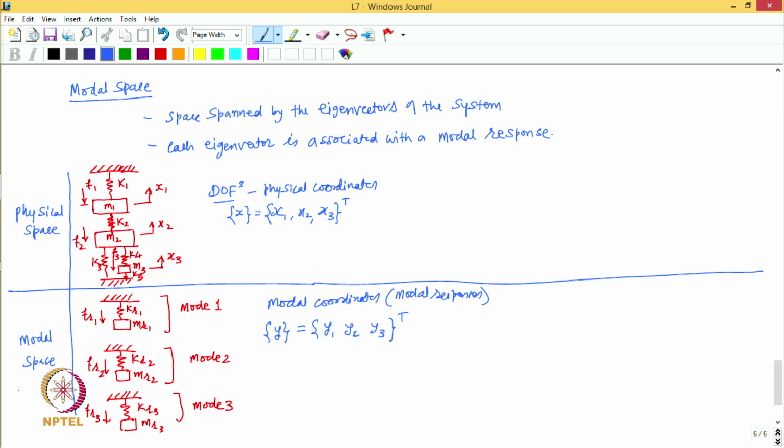And therefore, modal space is also referred to as modal domain. So, that is one difference. Then the other thing is that the differential equations in the physical space are coupled, right, while the differential equations in modal space are uncoupled.